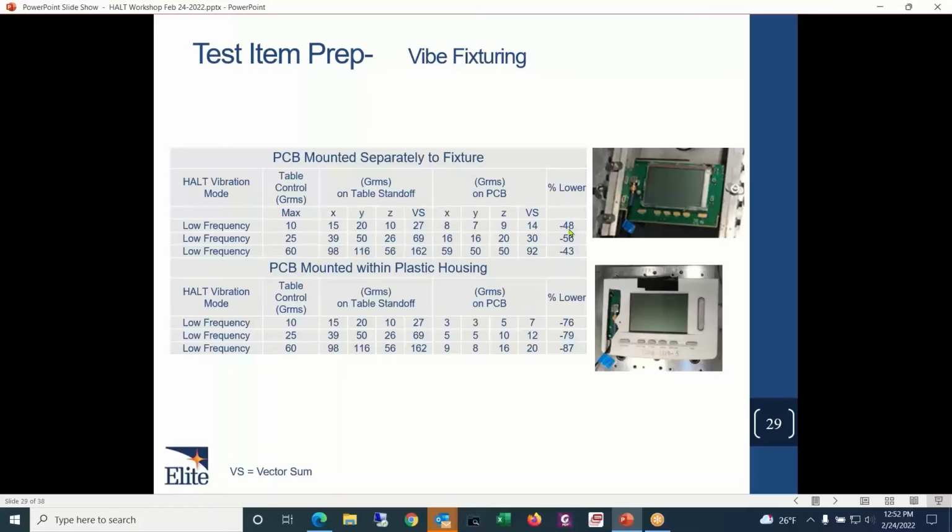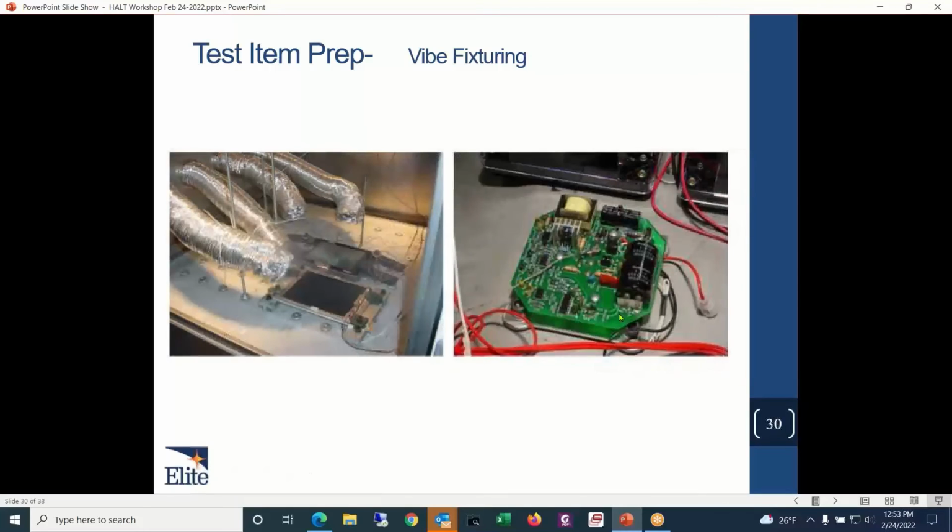So we're basically about half as much vibration on that printed circuit board than what we're actually getting on the standoff. But if you compare that in this scenario here, where you're measuring that standoff and comparing that to what you're getting on the PCB, you can see that there's quite a bit less that gets here. So again, having good transmissibility between the fixture and the printed circuit board is critical.